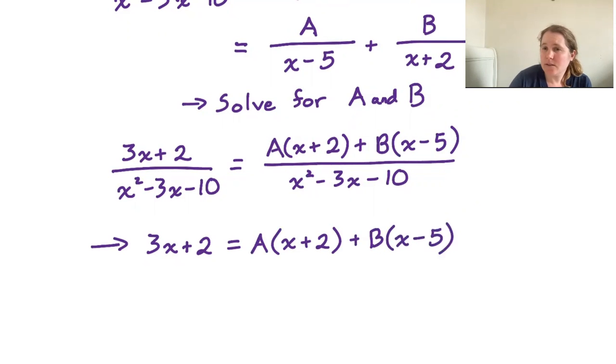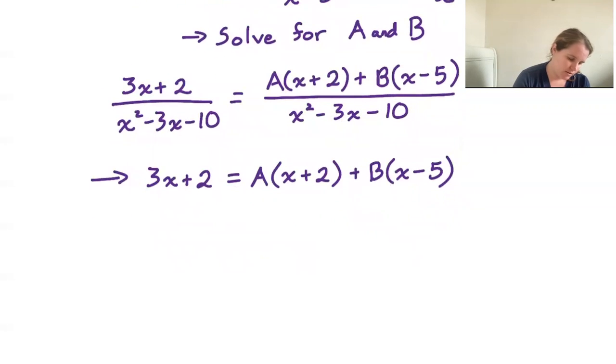The trick here is to plug in the values of x that make one of your factors 0. So we're going to first plug in x equals negative 2.